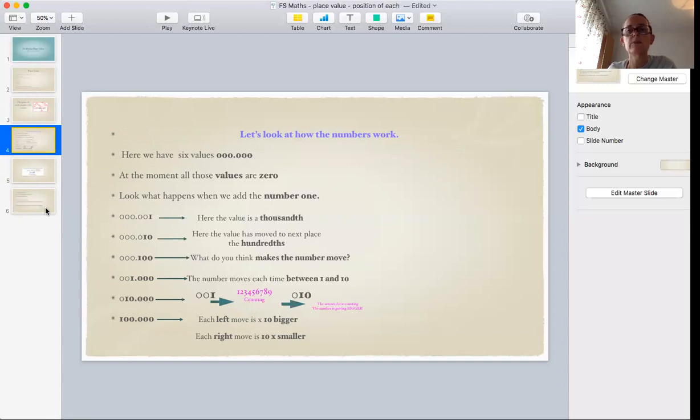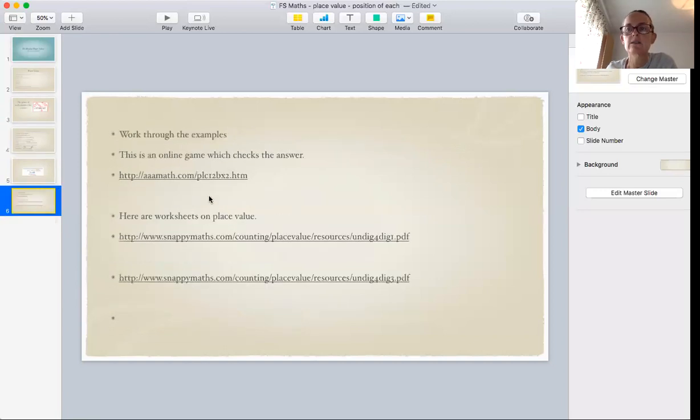So it's not always about multiplying and dividing and adding and taking away. That is what we need to do. But actually, in order to get the number right, you need to be secure in understanding what the numbers are doing. So have a go at that, and I will put that up on a sheet for you.